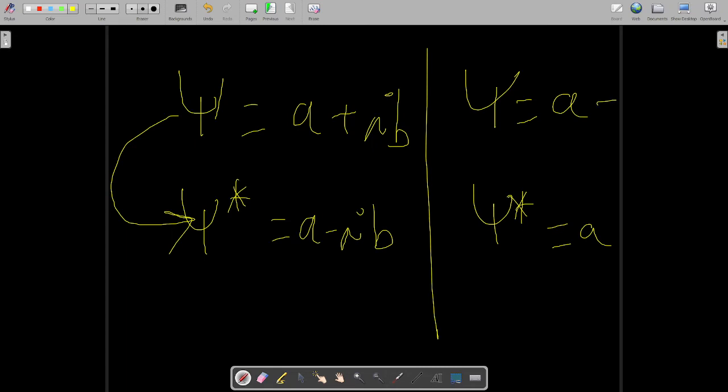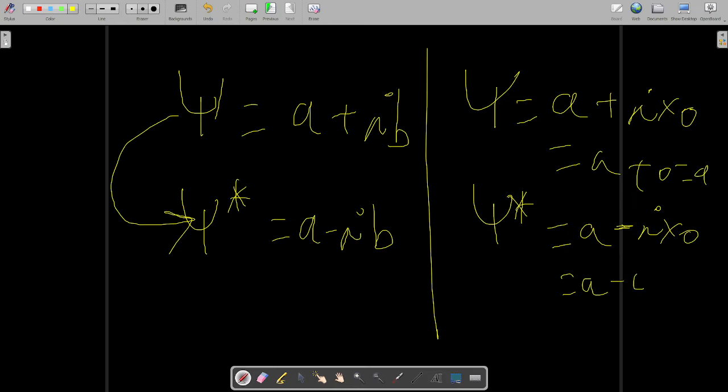Or I can imagine it like this, i into 0. As soon as I replace i with minus i, it becomes i into minus 0. Anything into 0 is 0, so it will be a plus 0 equal to a minus 0 equal to a.